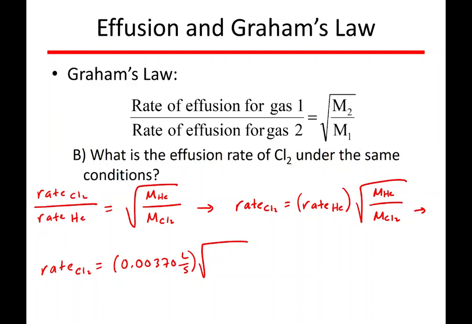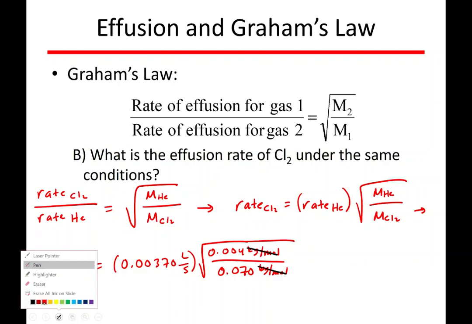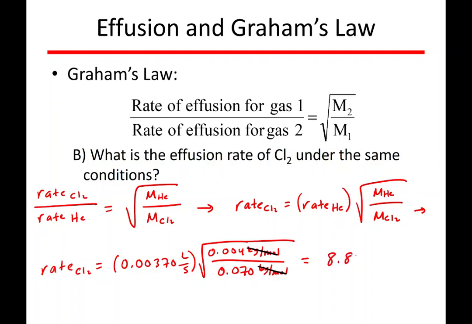So for helium, that's 4 grams per mole, or 0.004 kilograms per mole, divided by the molar mass of chlorine, which is 70 grams per mole, or we could write that as 0.070 kilograms per mole. And again, if you just kept it in grams per mole, you get the exact same answer because the units cancel out. And what you find is that the effusion rate for the chlorine gas will be much slower. And it makes sense because chlorine is a heavier gas. The effusion rate for the chlorine gas will come out to 8.84 times 10 to the minus 4 liters per second.